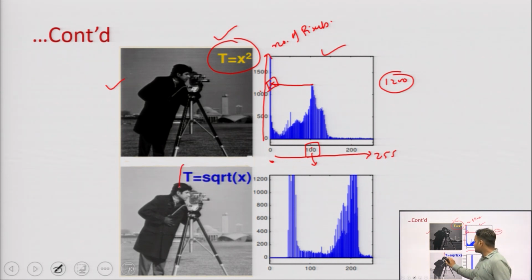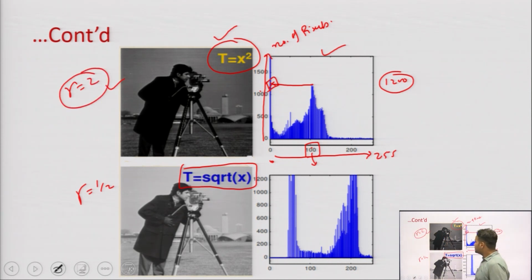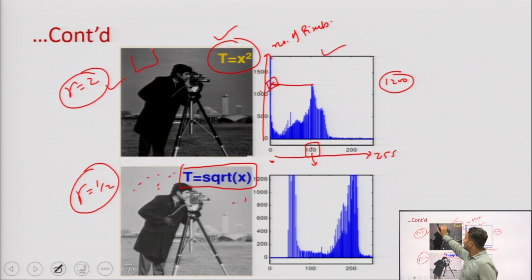If we choose another nonlinear function, t equal to square root of x, here gamma is 1 by 2, and in the previous case gamma is equal to 2. Here you may observe that if gamma decreases, the important portion gives a good result, and the outer portion does not give a very good enhanced image. Here the value is showing black, or you can say it has a higher pixel value.